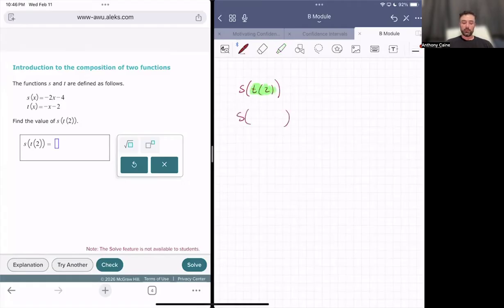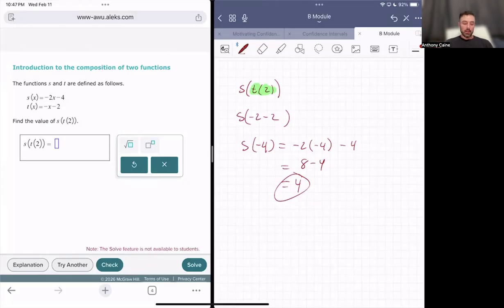So this is S of, and T of 2, if I plug in 2 to T, I have minus 2 minus 2. You see my T function there? So this is S of minus 4. And what's S of minus 4? It's minus 2 times minus 4 minus 4. That's 8 minus 4. My answer is 4. So the final answer is 4.